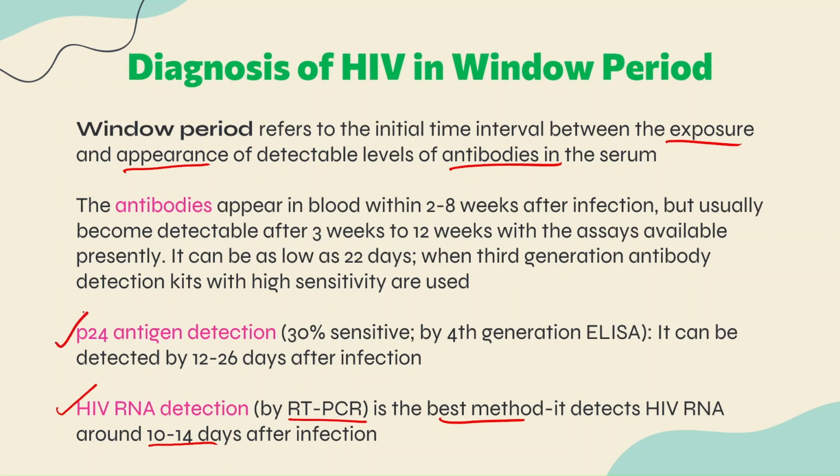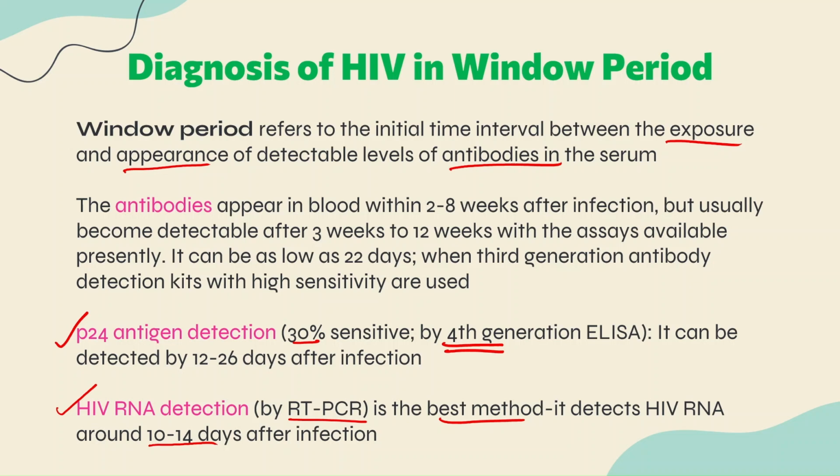Then we can also go with the P24 antigen detection test. Please remember, detection of P24 antigen is less sensitive, with about 30% sensitivity. And as I said, the fourth generation ELISA kit is capable of detecting both the antibodies as well as the antigen. It uses monoclonal antibodies for the detection of the P24 antigen.